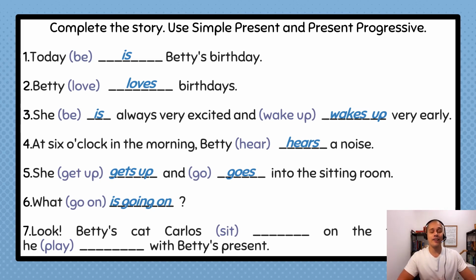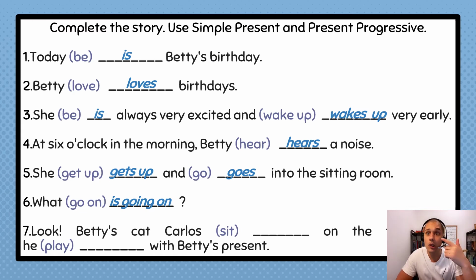And number 7, look. This is a tip, guys, very important. If you see a sentence in a test, in an exercise, and you see look, listen. When I say look, listen, silence, I'm talking about something that is happening right now, right? I don't want to say silence every day. No, right?